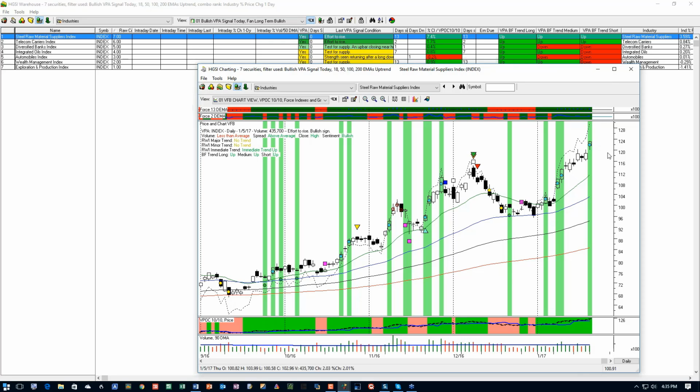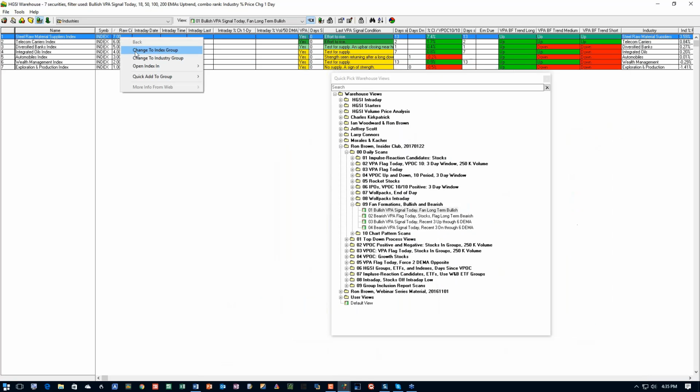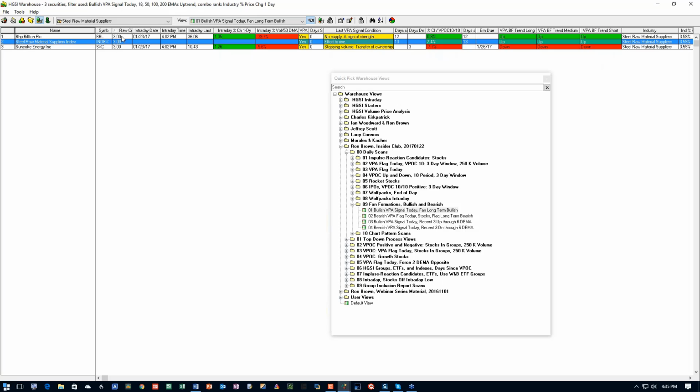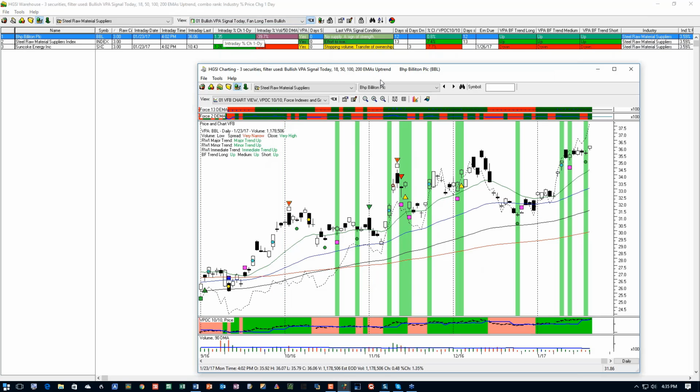And then if you're going top down, not always, but often, you can go top down and you can find the stocks that are meeting the VPA fan criteria. And here is one, BBL, that has had several signals recently. Had one, well, no, yes, it is correct. I almost said it wasn't correct, but it is correct because this 18 is still above the 50, and these are in order.